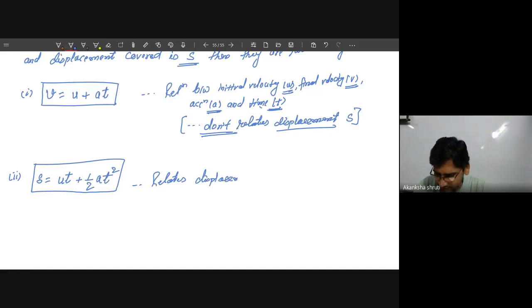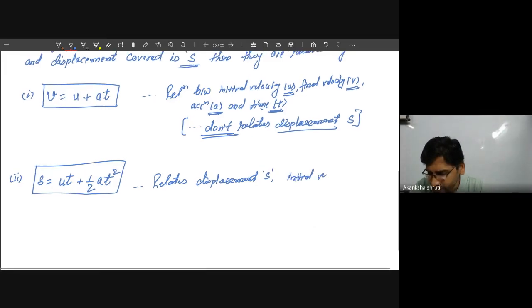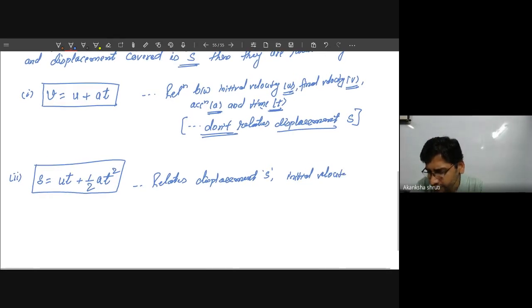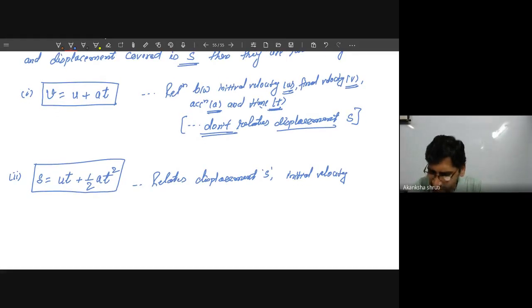So it relates the displacement s, initial velocity u, acceleration a, and time t.